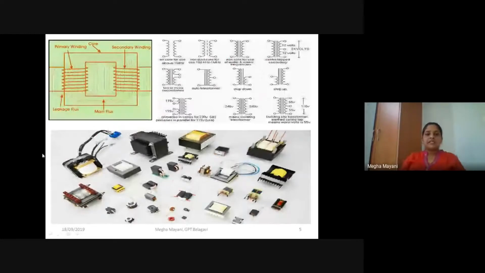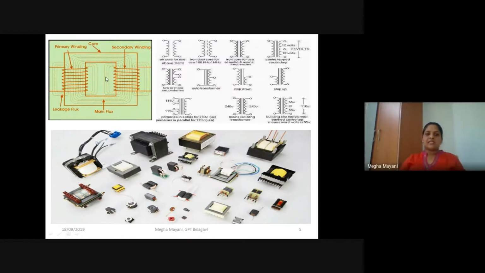With this, we can now look at the detailed diagram showing a typical transformer. We have a primary winding around the core, and you can see the flux within the core, as well as a leakage of flux outside the core.